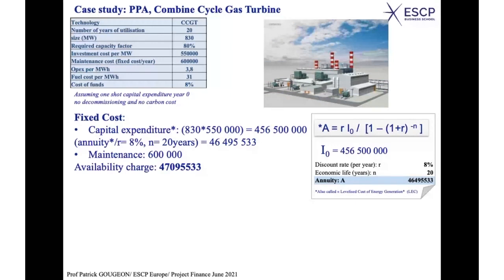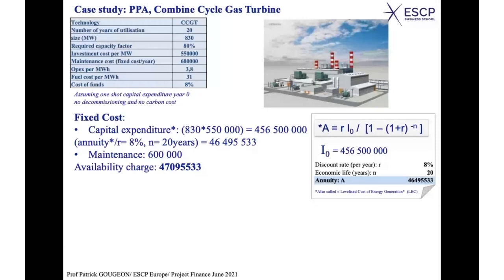So if you are using the plant during 20 years, and if you have a cost of funds of 8%, one way to have an annual charge that corresponds to this investment is to take the annuity that corresponds to this amount for 20 years and an 8% rate.